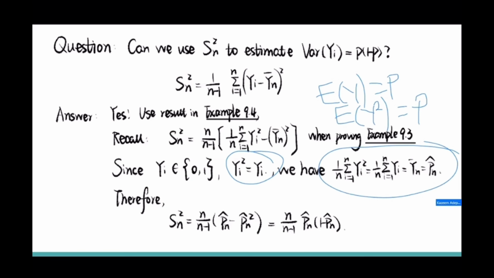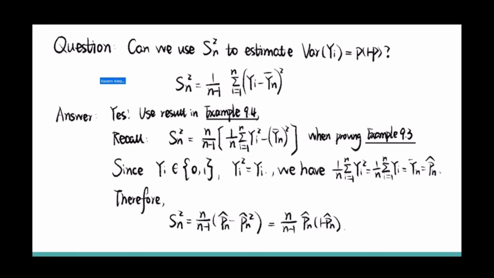And don't forget that we've already said that 1 over n times the sum of y squared converges to the expectation of y squared in probability.